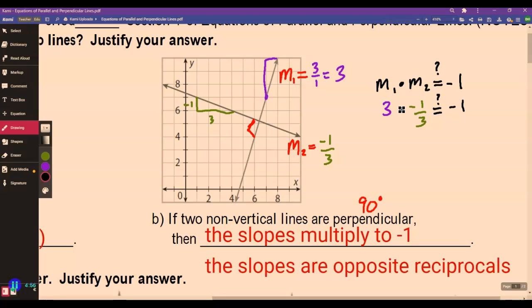And of course, the 3's cancel out, and yes, we do have -1 equal to -1. Therefore, that's what the 3 dots mean, therefore, the lines are perpendicular.